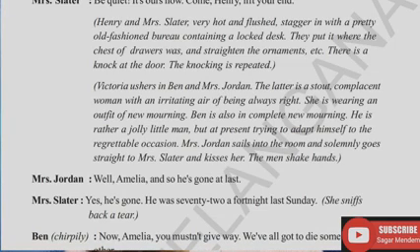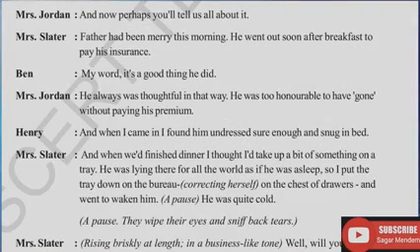Now Emilia, and he has gone at last. Yes, he has gone. He was 72 and a fortnight last Sunday. Now, Emilia, you must not give way. We all got to die sometime or other. And now perhaps you will tell us all about it. Father had been merry this morning. He went out soon after breakfast to pay his insurance. My word, it is a good thing he did.